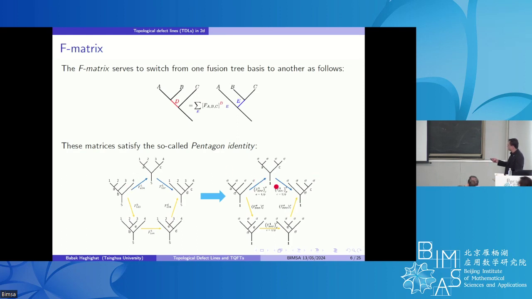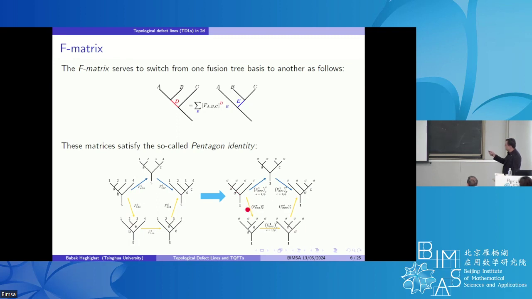And for the example of the Ising model, where you take the sigma lines, the duality lines as before, I've drawn this example. Here you have to sum over this A, which is either 1 or psi, so either nothing or the spin flip defect, and you're summing over these A's here, or you sum over sigma here.